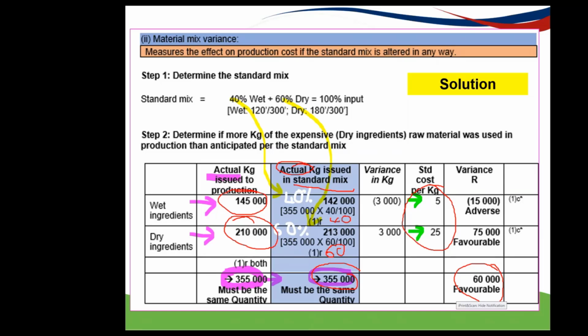You see, I'm adding the 15 is negative, the 75 is favorable, in total 60,000 favorable. But it's also going to impact on, because she has messed up the mix ratio, the quality of my product.